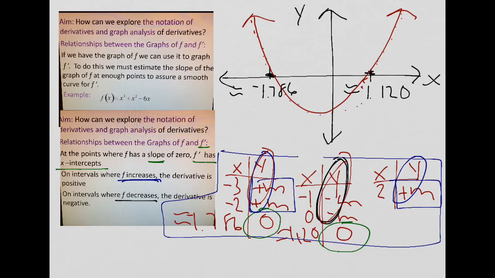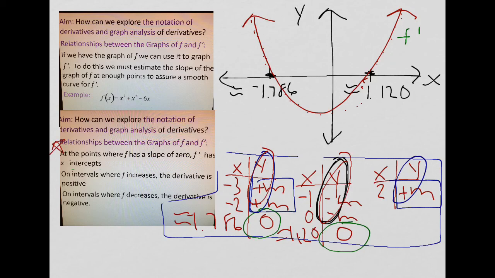Okay? So now that I labeled that, we can actually take f prime and reverse this information to give us the graph of f as well. We just have to understand the summary that we have here in our outline that you copied in your notes. Okay, so I see x-intercepts.